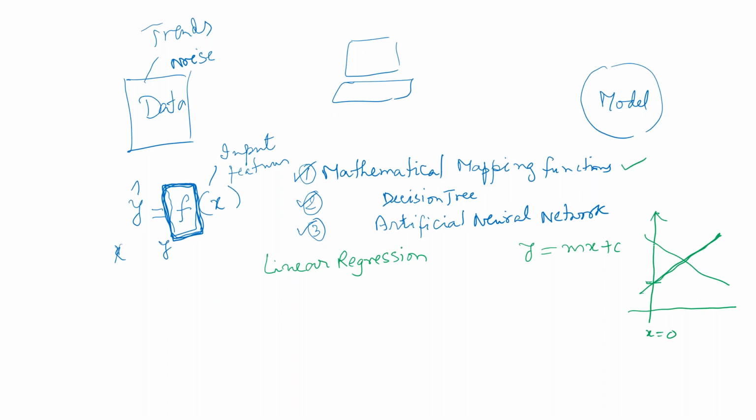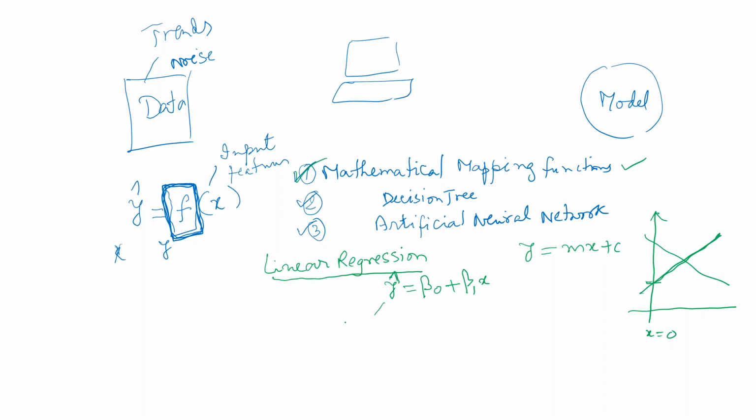So let us say we are using the linear regression algorithm with this mathematical mapping function to understand our data. Typically our algorithm will use the same equation, but terminology-wise we'll use beta 0 plus beta 1 x. This is called y hat.